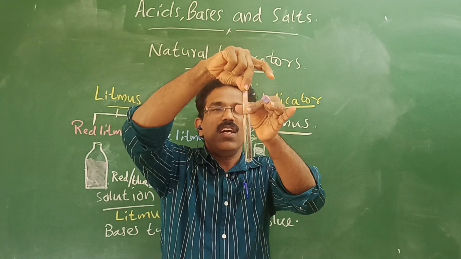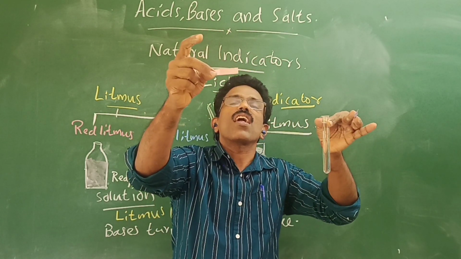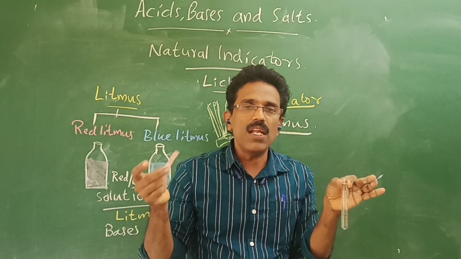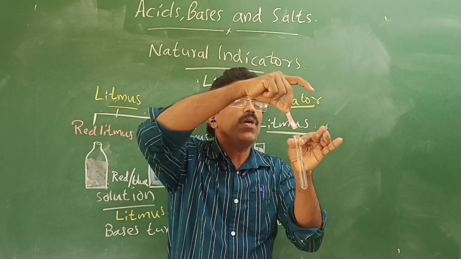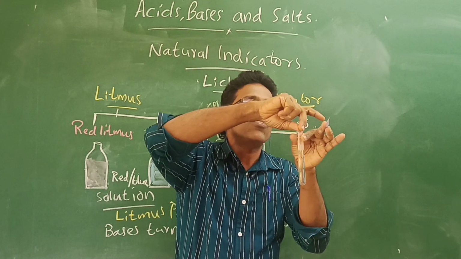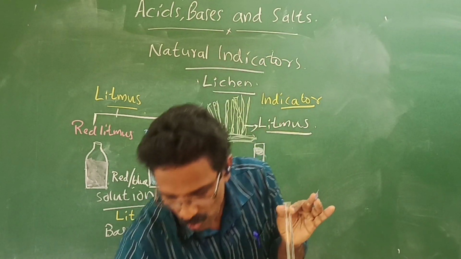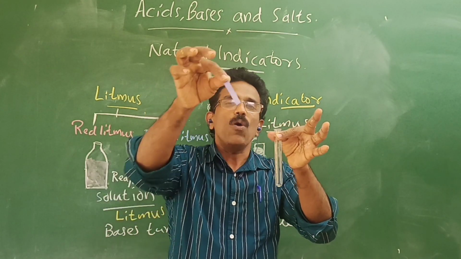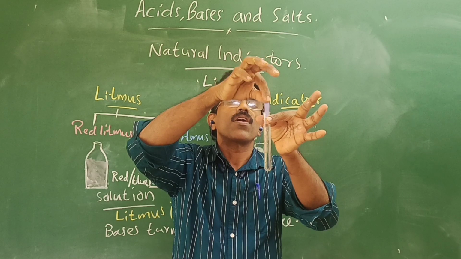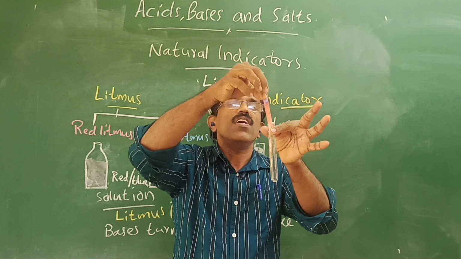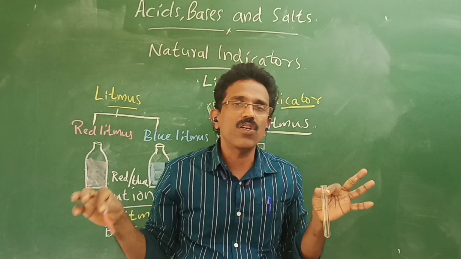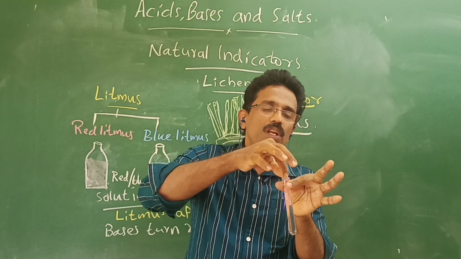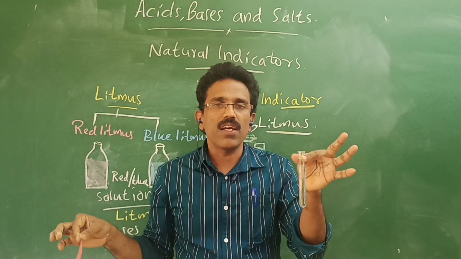See, it remains red. So if you dip red litmus paper in an acid solution, there is no color change. Now, let us test this solution with blue litmus paper. See, blue litmus paper turned to red color.